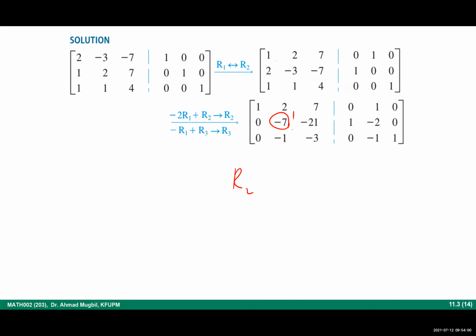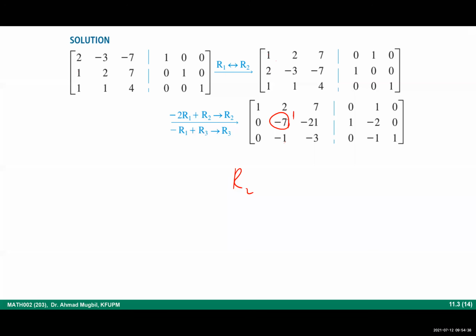Jawad, let me ask you this time. Jawad, I want this -7 to be 1. So I will multiply row number 2 by what? Jawad, are you here, Jawad? Yes, I'm here. I have here -7. I want it to be 1. So I will multiply row number 2 by what? By -1. No, negative what?